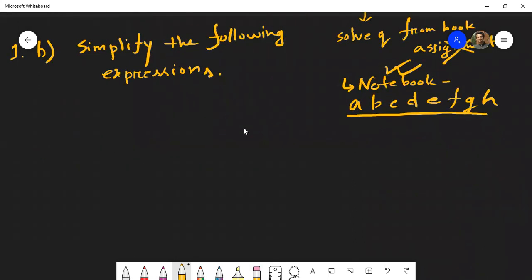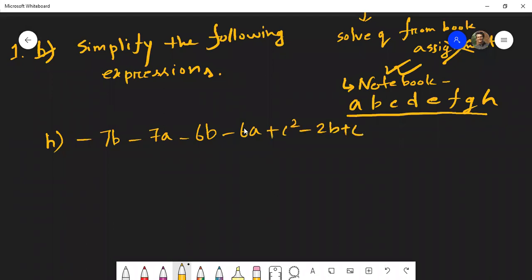And I picked number H. H says negative 7b, negative 7a, negative 6b, negative 6a, plus c square minus 2b plus c square negative 2b plus c. That's it. So you have to simplify it. Just simplify it.